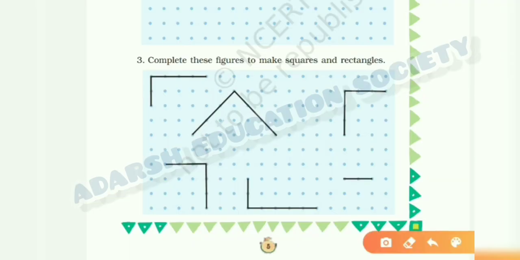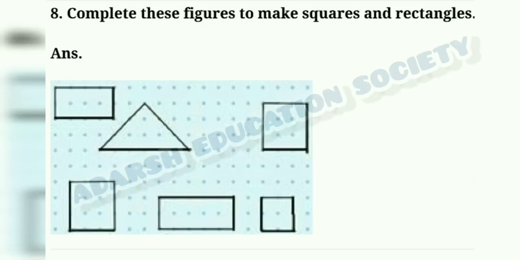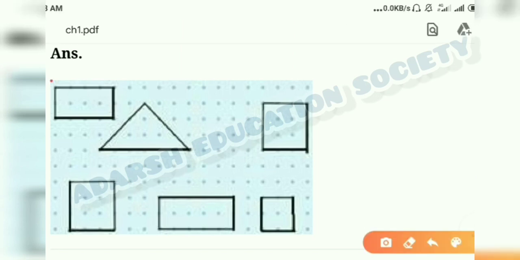Third question, complete these figures to make squares and rectangles. Here few lines are there, and when you complete it you will find out few rectangles, triangles and few squares. Okay, now let's complete these lines and see what shapes are made here. In first, when we complete the line, this makes rectangle.